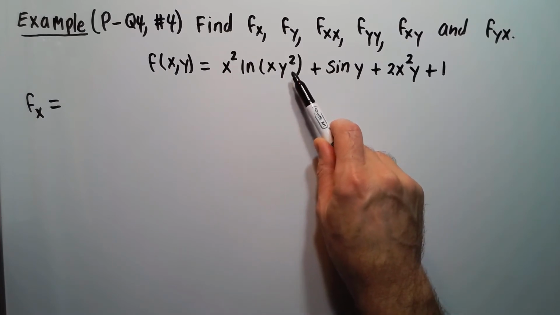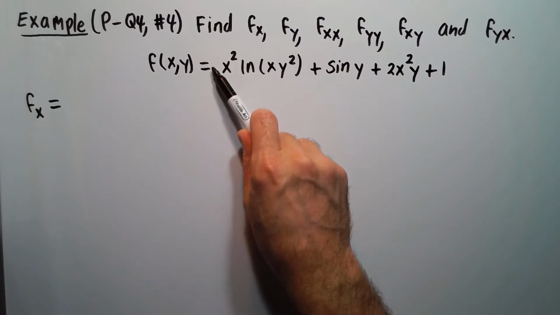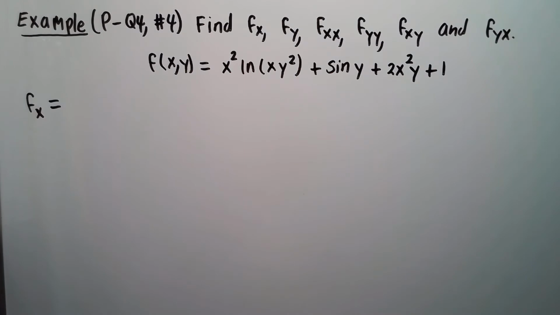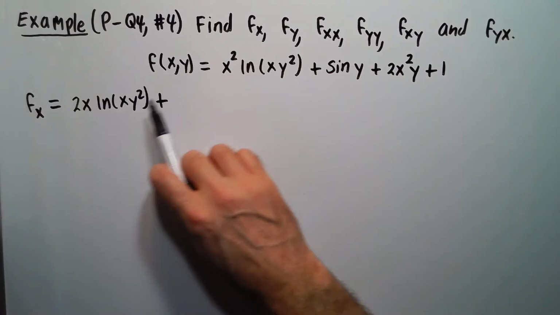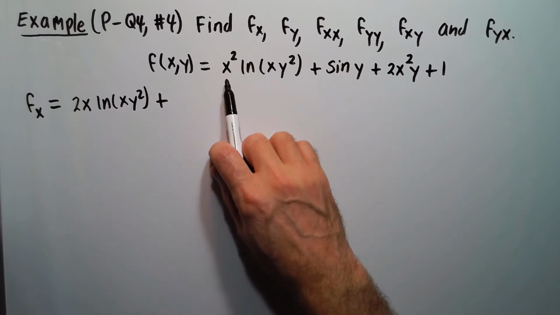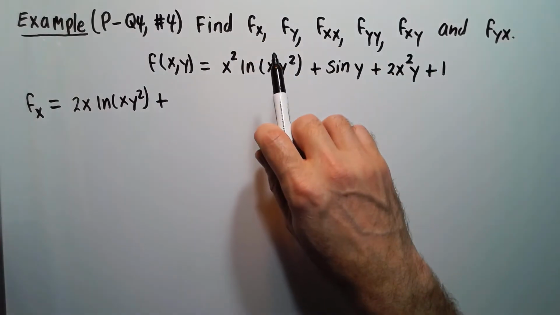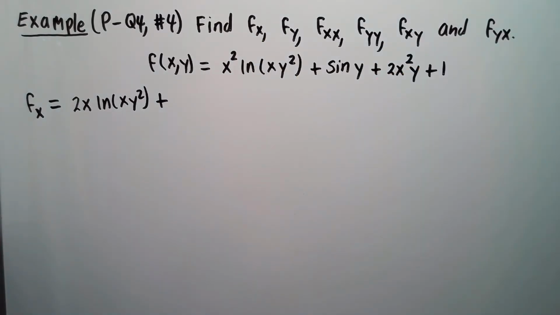Using the product rule, it's the derivative of the first function, so the derivative of x squared, which is 2x, times the second function, plus the first, x squared, times the derivative of ln. Recall the derivative of ln is 1 over the inside, times the derivative of the inside.